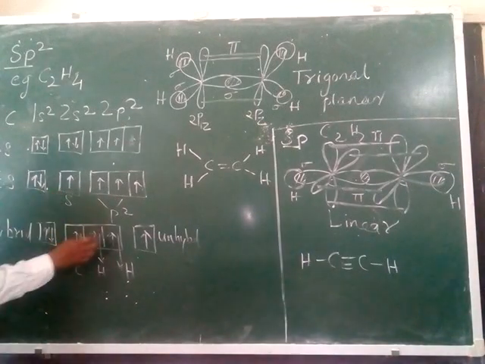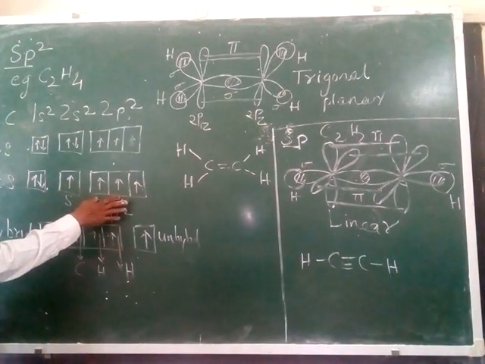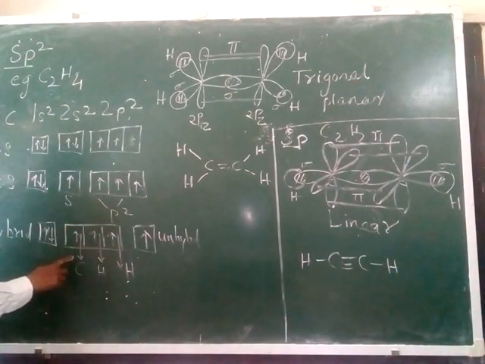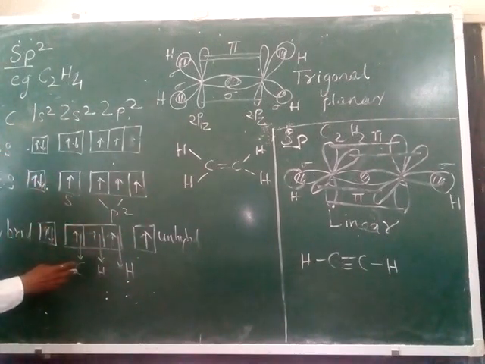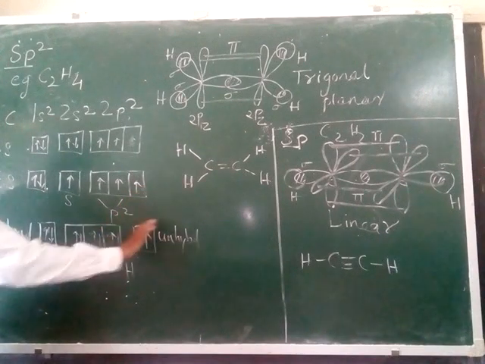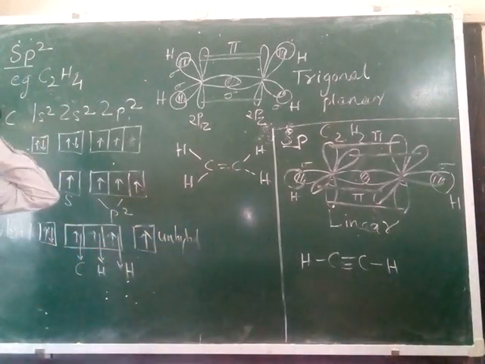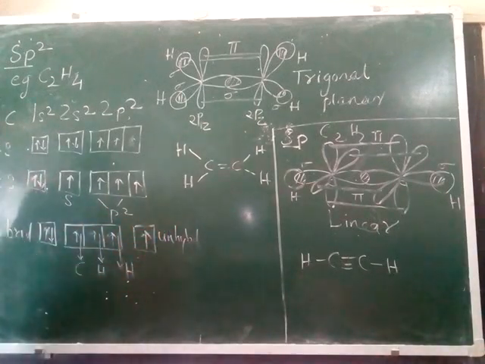That means this 1s and these 2 p orbitals will hybridize and they will produce 3 new orbitals. Then this orbital will remain unhybridized; it does not participate in hybridization, so that is called the unhybridized pz orbital.